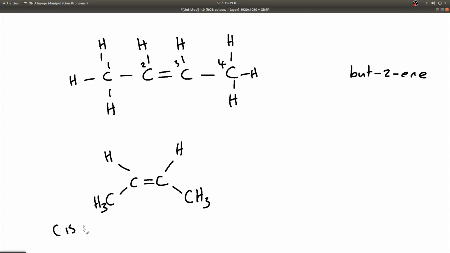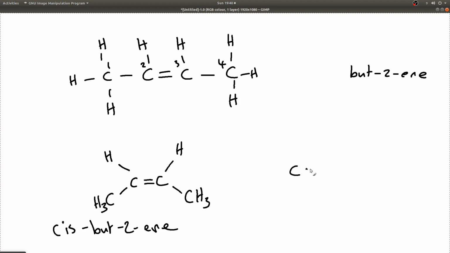So we've actually got there cis-but-2-ene, on account of the fact that here we've got the hydrogens on the same side and the CH3 groups both on the same side of the double bond.